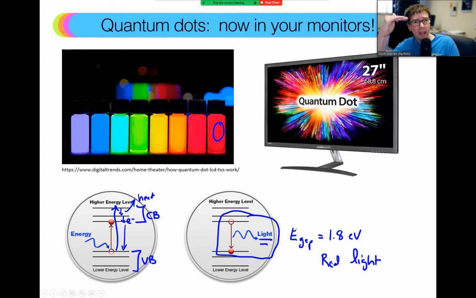And then in one fell swoop, the electron hops down to the valence band, emitting a photon of light that's equal to the band gap energy. And in that way, because we've tuned the band gap across these series of quantum dots with slightly different sizes, they give off colors of slightly different wavelengths, or very different wavelengths. So we go from the beautiful violet colored emission to the beautiful red colored emission in these quantum dots.